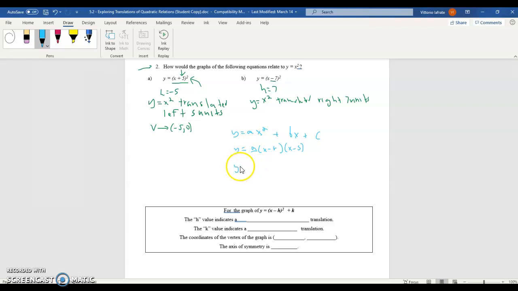And then if you had your vertex form, a(x minus h) squared plus k, your a is in the front of this bracket over here. So in this example, our a would be 1. In this example, our a would be 1 as well.